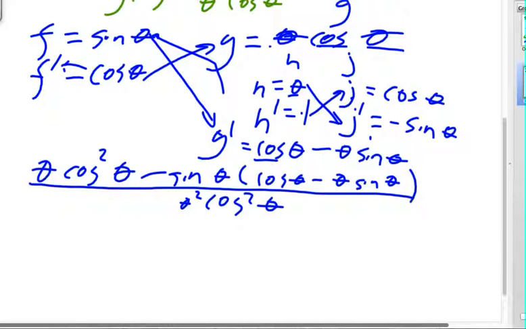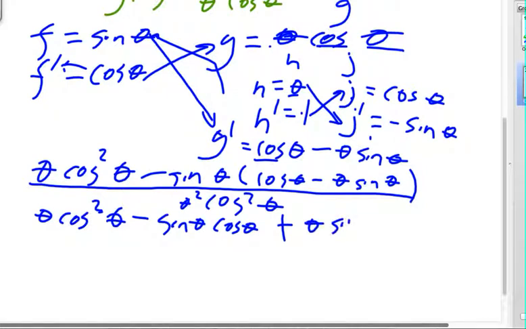No, we're good. Okay. So now we come back in here, and I'm going to do some distributing. So I'm going to have theta cosine squared of theta minus sine theta cosine theta plus theta sine squared of theta.